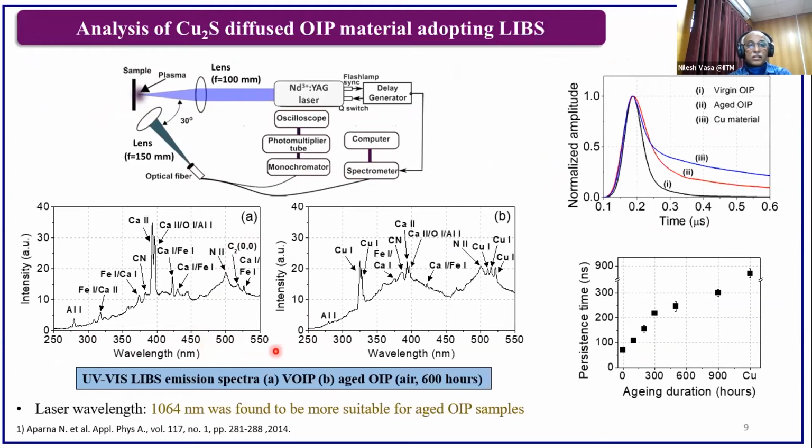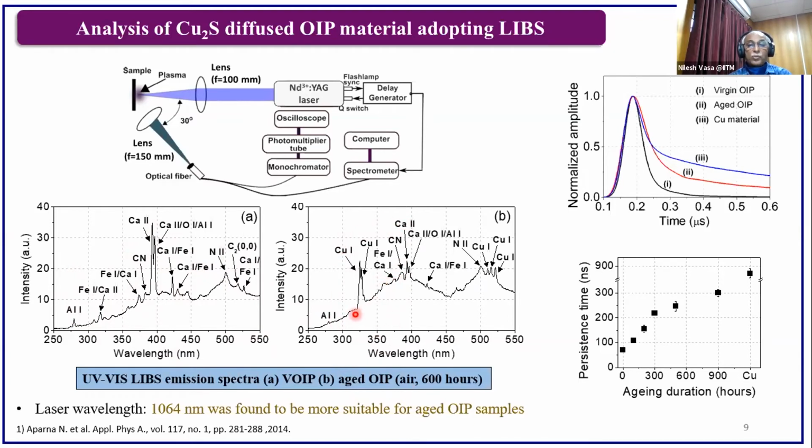We can see that, depending upon the aging characteristics, the virgin oil impregnated pressboard had certain optical LIBS spectral lines, but with aged oil impregnated pressboard, we could see some of the important lines corresponding to the copper contamination.